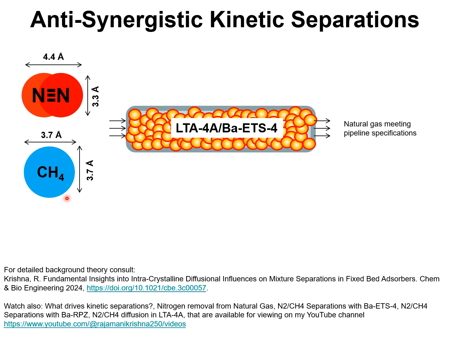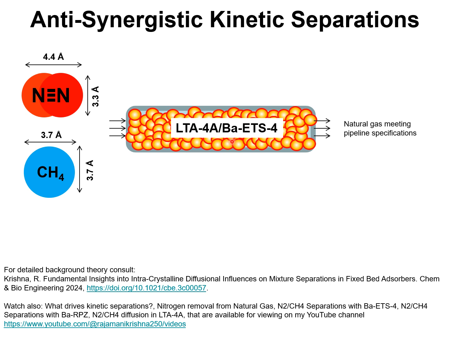Most known adsorbents, indeed all known adsorbents, selectively adsorb methane due to the higher polarizability. But if you look at the cross-section of a nitrogen molecule, you will see that it's a pencil-shaped molecule with a smaller cross-sectional dimension of 3.3 angstrom compared to 3.7 angstrom for methane.